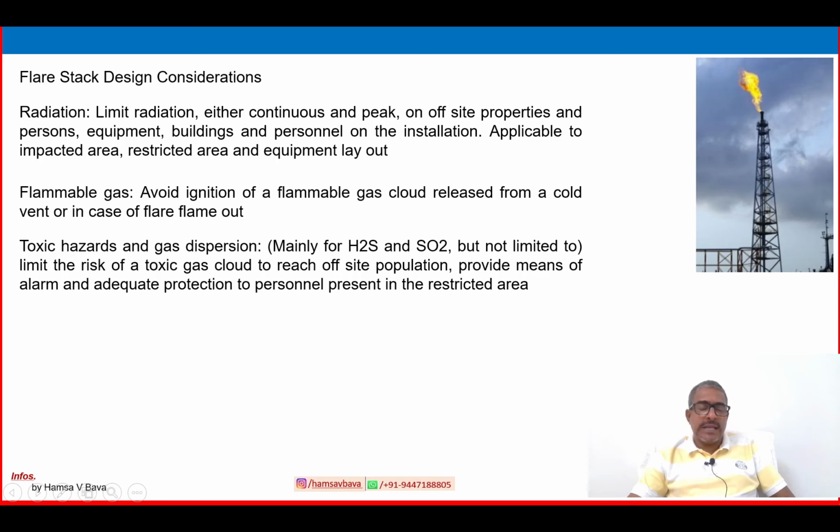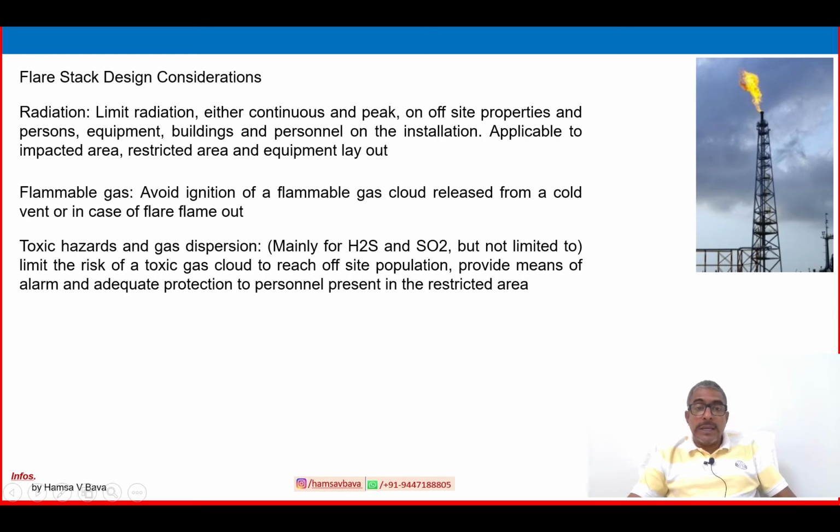Toxic hazard and gas dispersion, mainly H2S and SO2 but not limited to these: limit the risk of a toxic gas cloud reaching the off-site population. This means incomplete combustion gases are being released, so in that case the chances of H2S forming are very high, toxic gases.